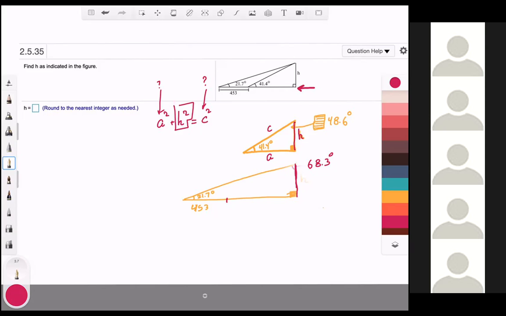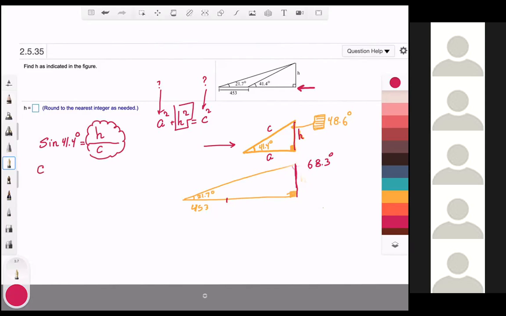So then we rely on the sine and cosine. If I write sine of 41.4 degrees in this triangle, it will be opposite over hypotenuse. It will be H over C. Again, we have two unknowns here.